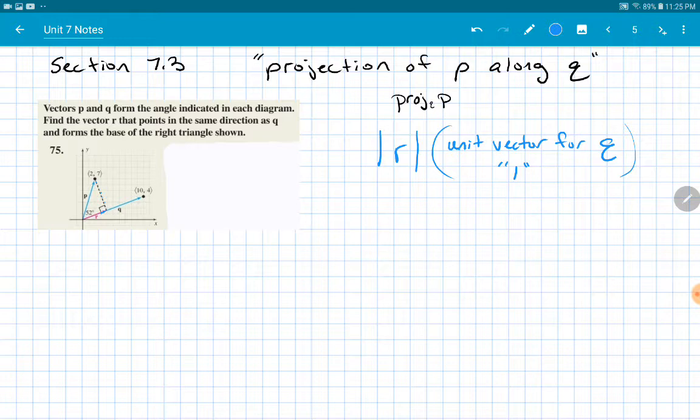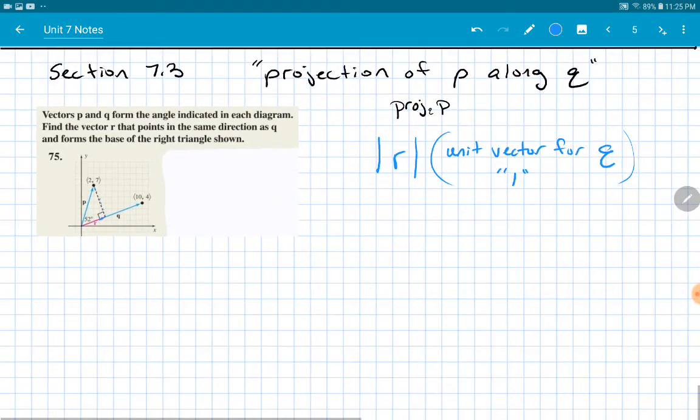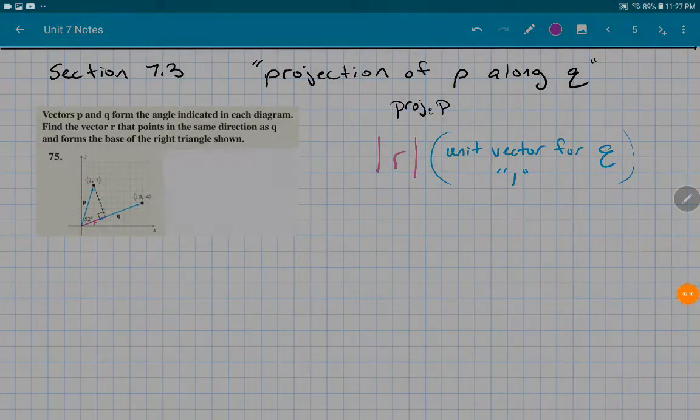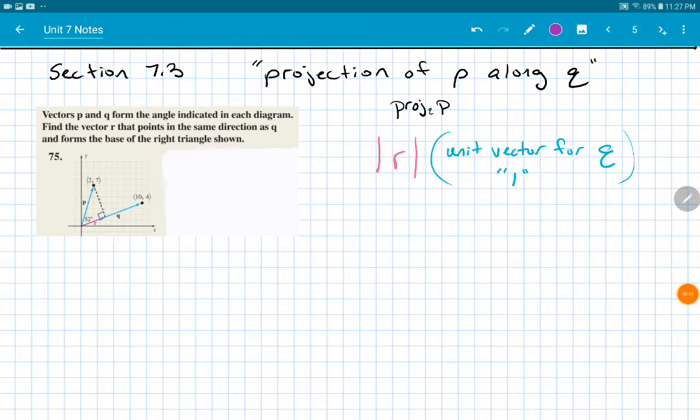So we're looking at the magnitude of R, the pink line. In fact, I think I'll do that in pink. So the vector we're trying to define is given by the magnitude of that pink length, which is the shadow of P, and the direction of Q.